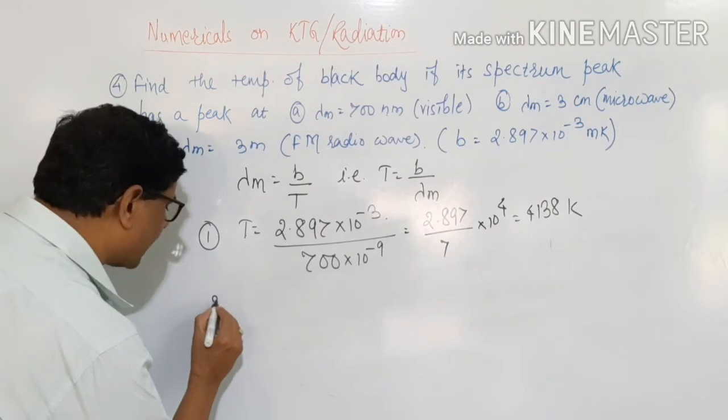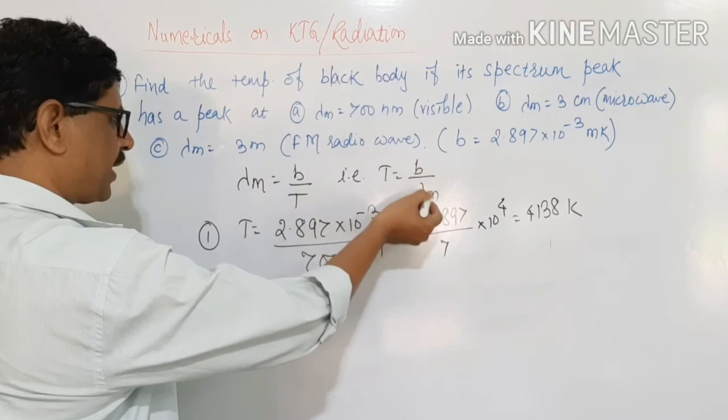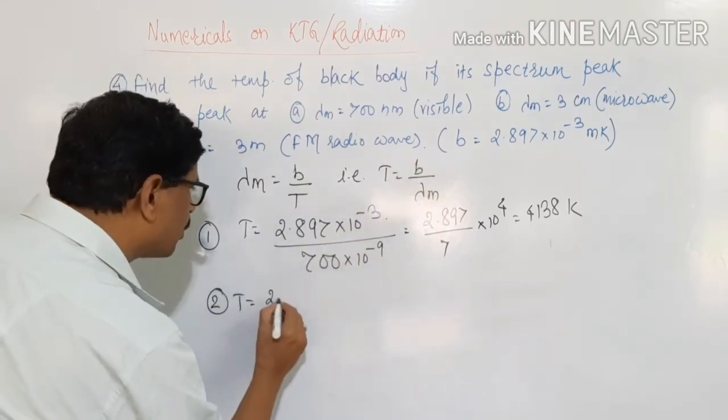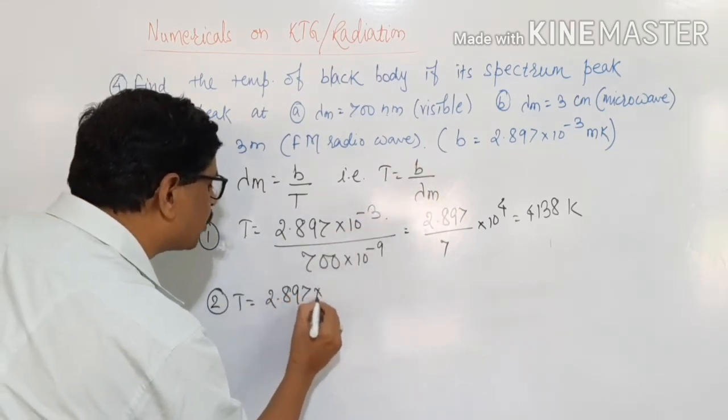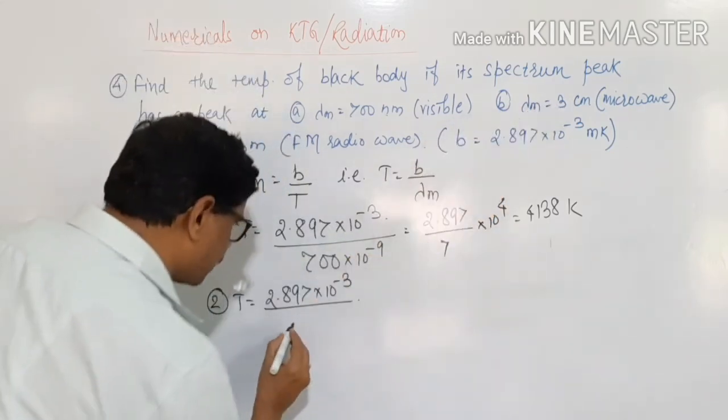The second, we will calculate capital T is equal to. Again we will make use of the same one. That is 2.897 into 10 to the power of minus 3 divided by, next one is 3 centimeter.